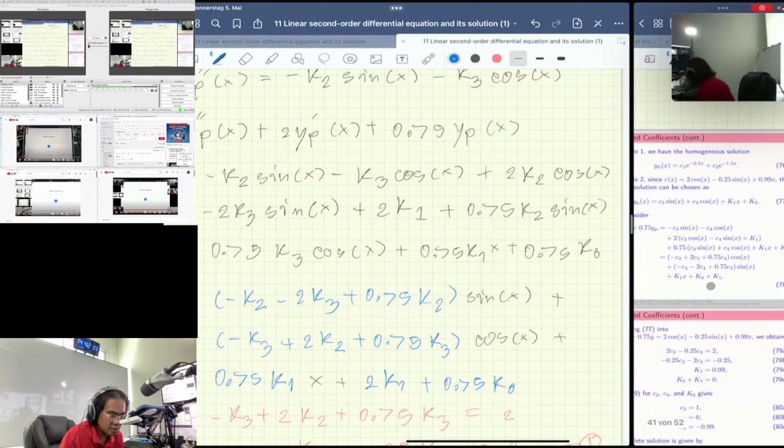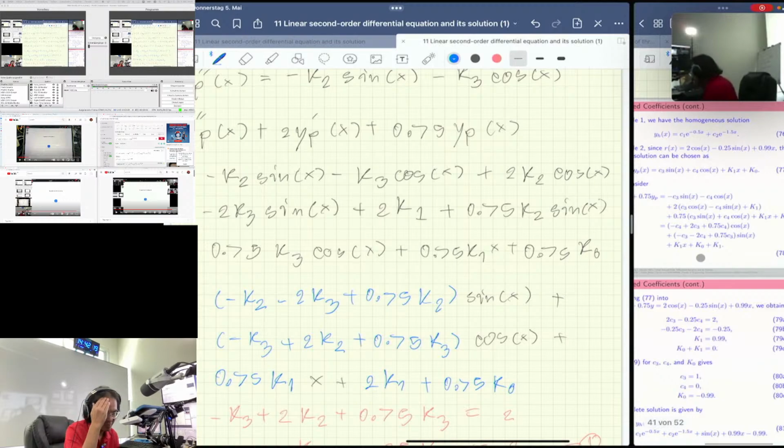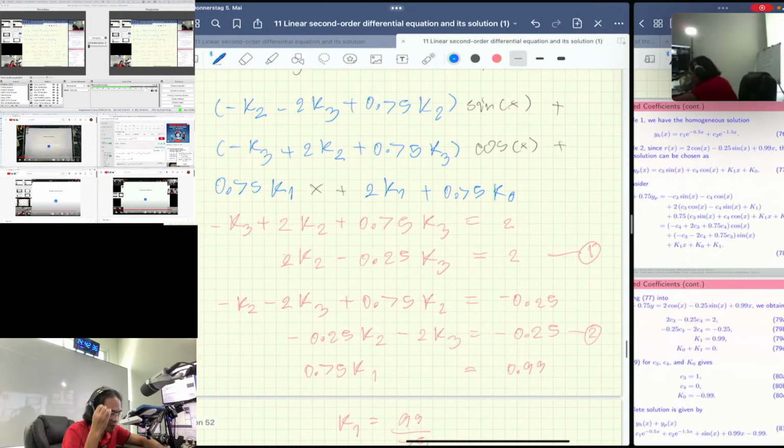Oh my god, it's incorrect here. The slide is wrong, I'll fix it. No, you cannot say that K1 is 0.99. No. Here you have 0.75. The slide is wrong, and we are probably correct.